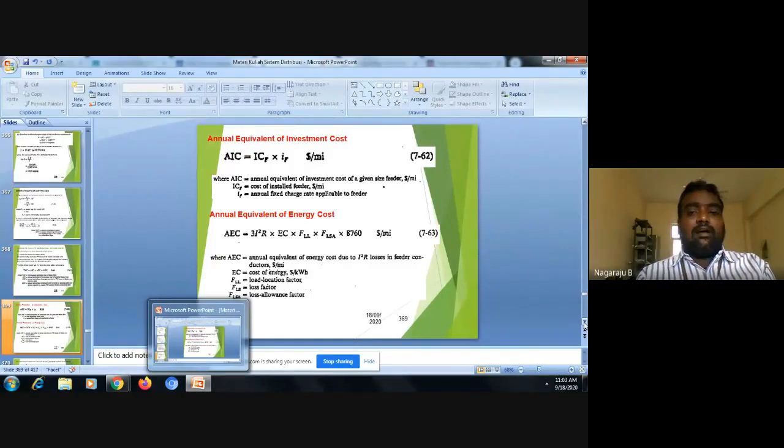How much charge do you need, and how much fixed charge rate do you have for which rating? You need to see the cost of the installed feeder. If you multiply both, you will know the investment cost: the cost of the installed feeder into the fixed charge rate applicable for the feeder. This is about the annual investment cost.